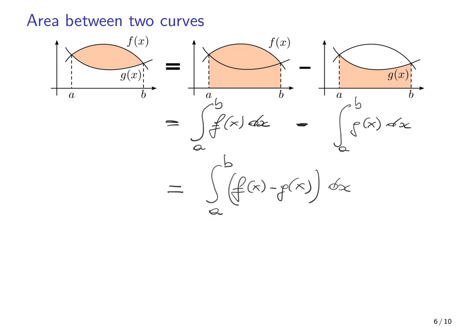Now you have to be a bit careful, we'll come back to this later, but f minus g is not the same as g minus f. So if you look back at the figure, you're going to have to take the graph that's the one on top, the upper graph, minus the lower graph, the one that's on the bottom, g here.